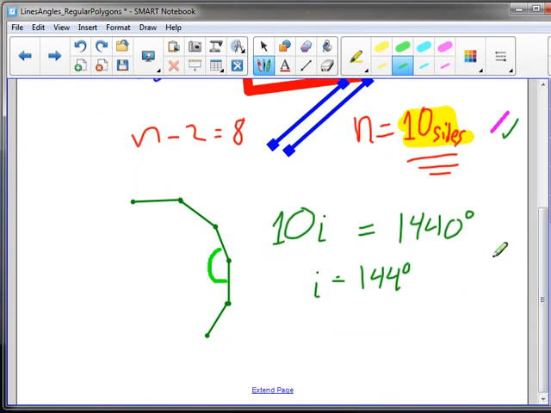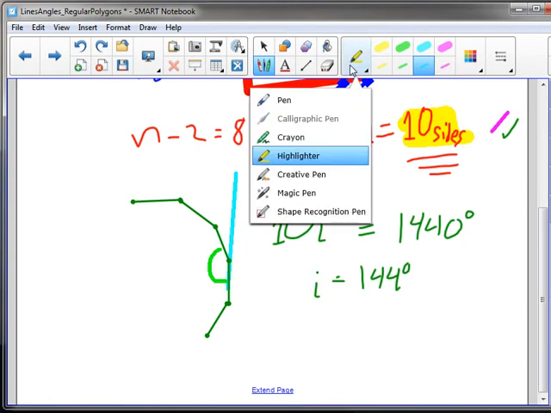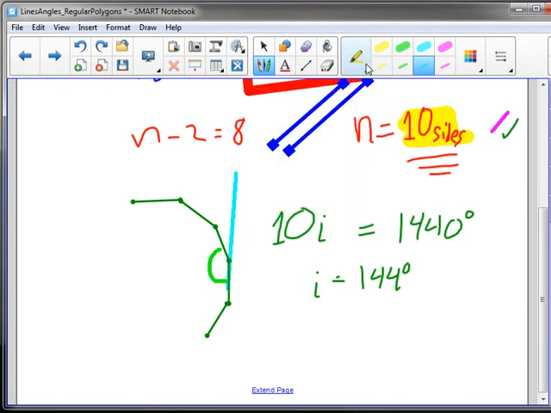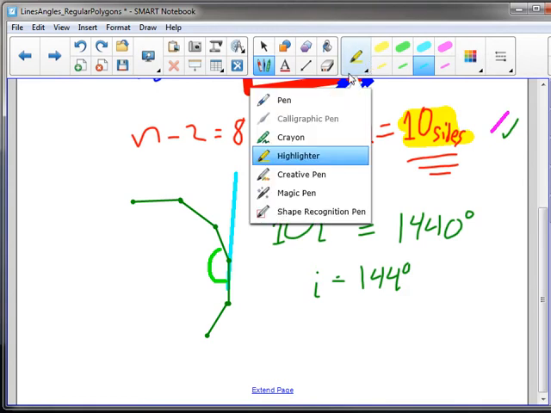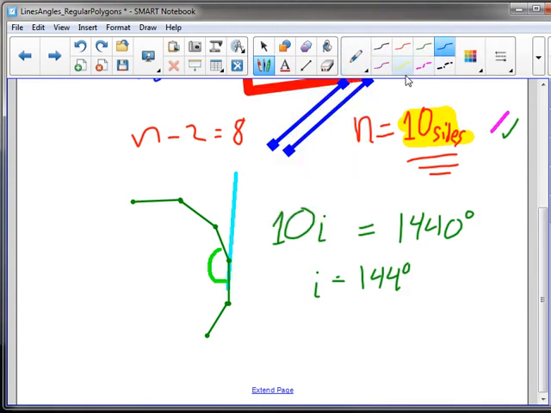If you know the interior angle is 144 and you know that these exterior angles are supplementary, then all of a sudden we have the exterior angle as 36 degrees.